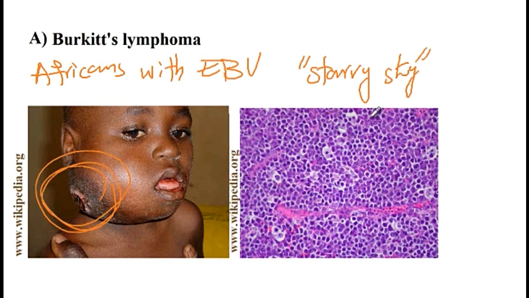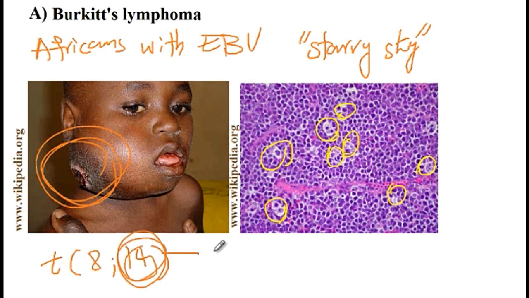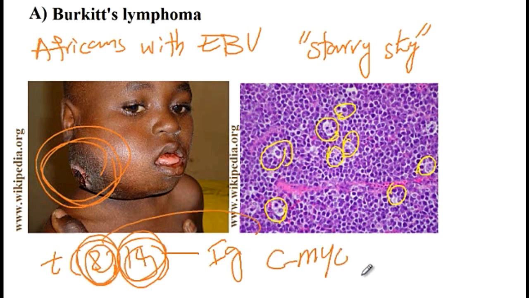So if you imagine that the background is the sky, you will see stars in the sky. They're shown right here. You should also note that the Burkitt's lymphoma is due to the translocation of the chromosome 8 and 14. So chromosome 14 is coding for the heavy chain immunoglobulin, while chromosome 8 is coding for c-MYC, which promotes the cellular proliferation.